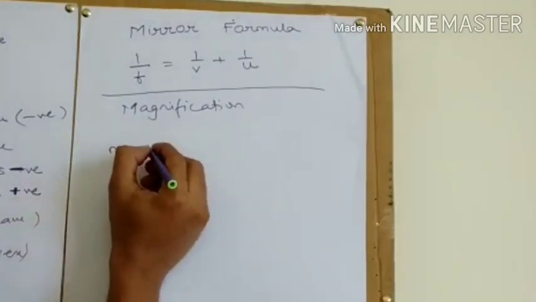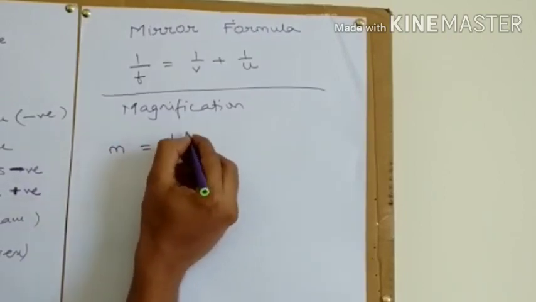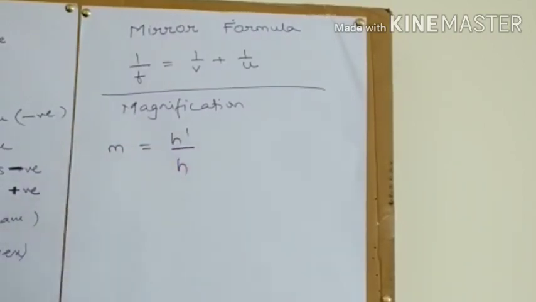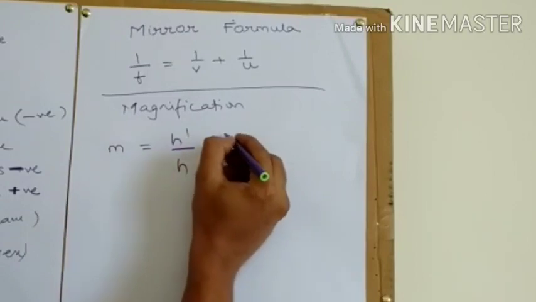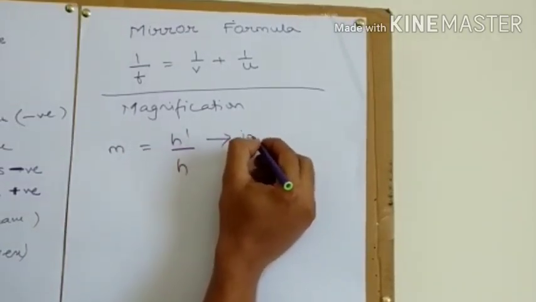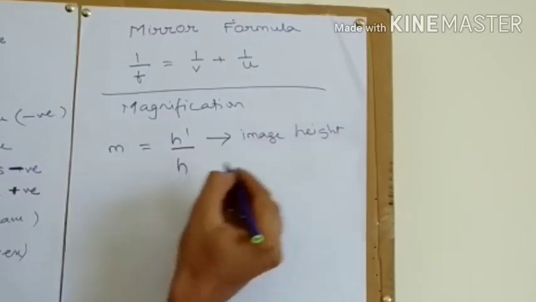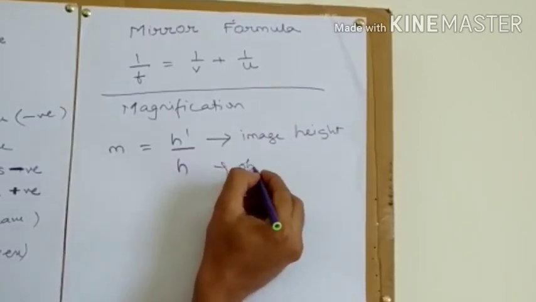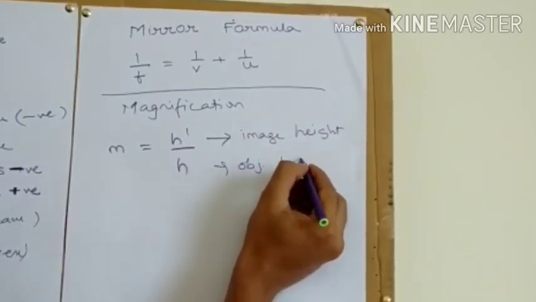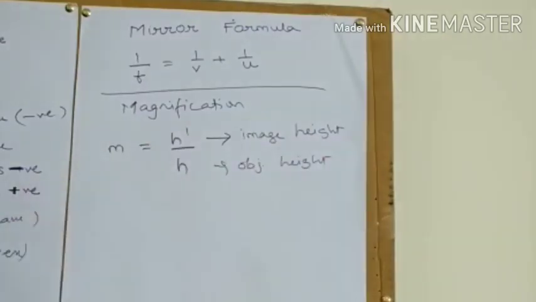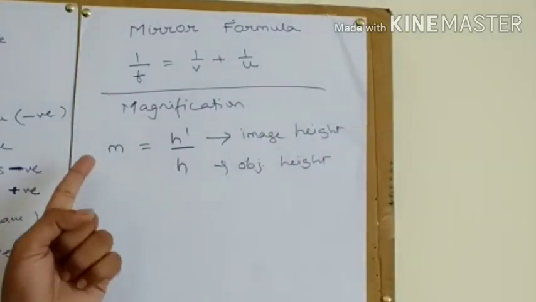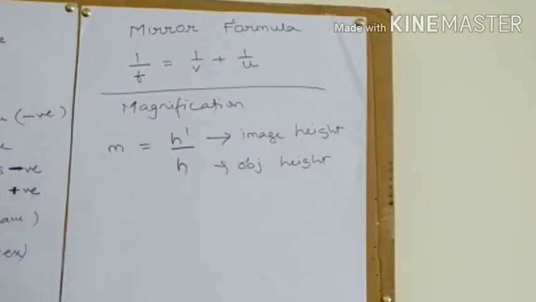Okay, and the formula is m = h'/h. What is h'? h' is the image height. And what is h? h is the object height. Okay. So this is the formula for magnification. m = h'/h.